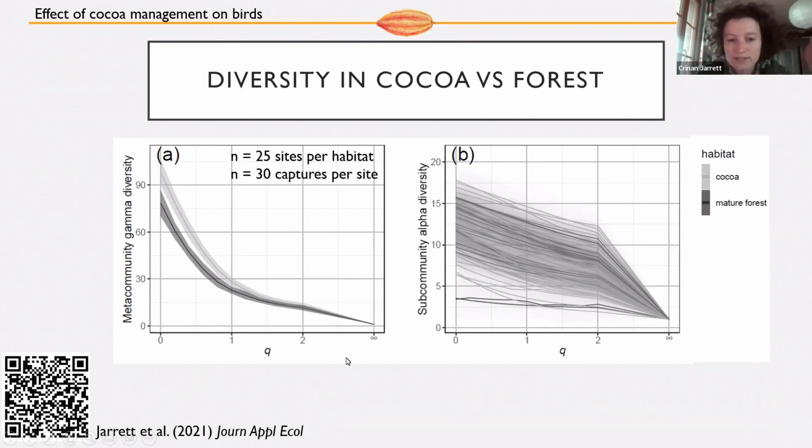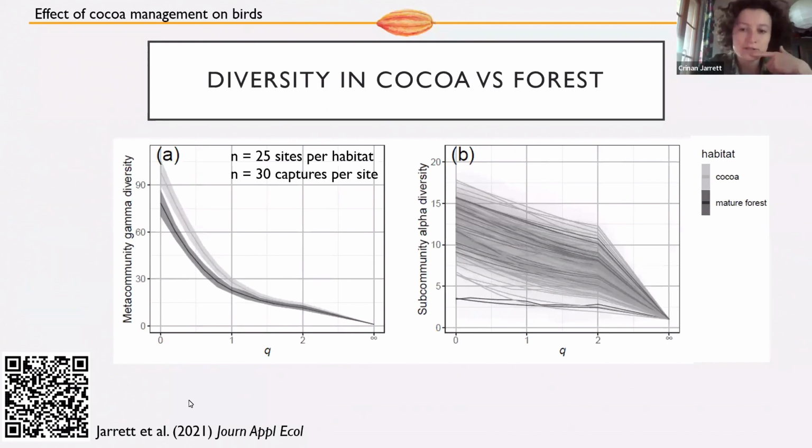The Q value is a parameter that defines how much importance we give to rare species. At low values of Q, we treat all species equally. It doesn't matter if you catch one species 100 times and another species 1 time, they each count as 1 species. Then as we increase the Q value, we start to disregard rare species, and so we just consider the common species in the community.